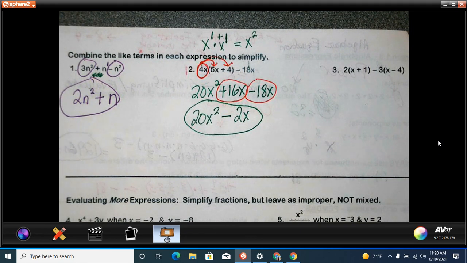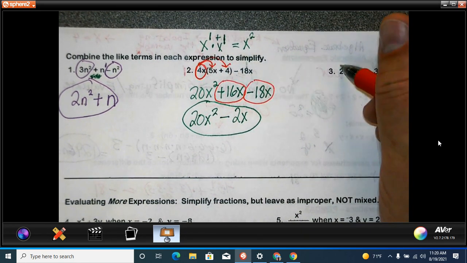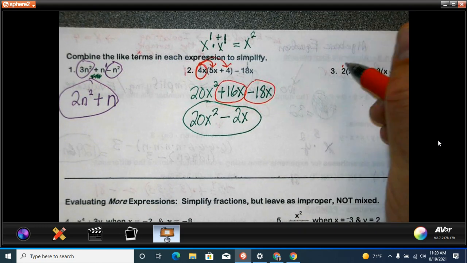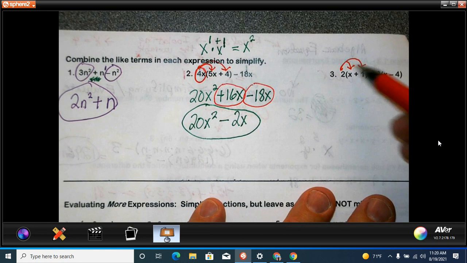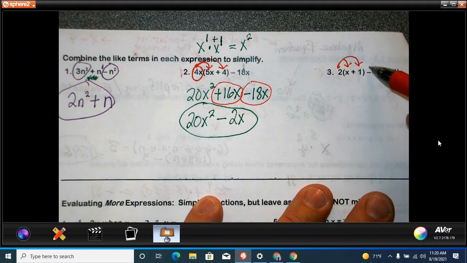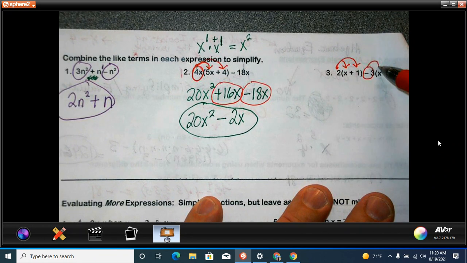Number three, the wrench here, they throw in two distributive properties, right? I have to distribute in the first quantity, the 2 over the parentheses. The second quantity, I have to distribute that minus 3.